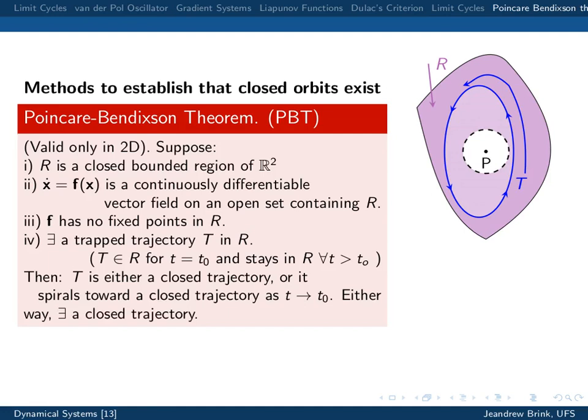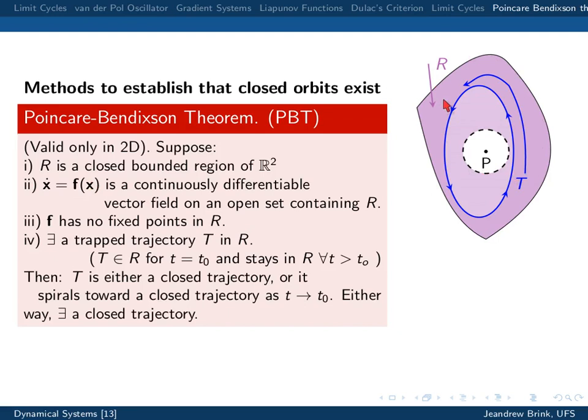This theorem is very, very powerful. I'm not going to do the proof, but intuitively it's easy to see. It results from the fact that, remember, you have a theorem that the solutions to this problem exist and are unique, and that implies that in 2 dimensions trajectories never cross each other. That's enough to say you have this trajectory T, and there are no fixed points, so it can't go to a fixed point.